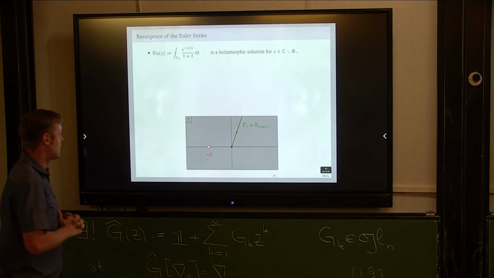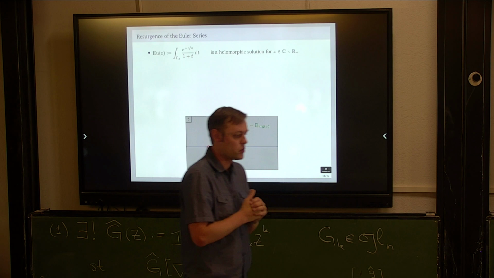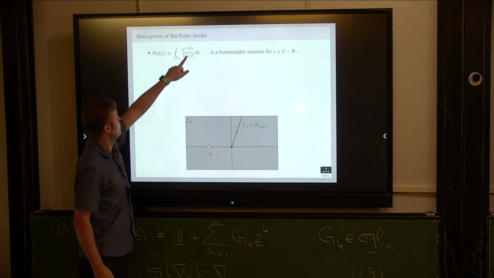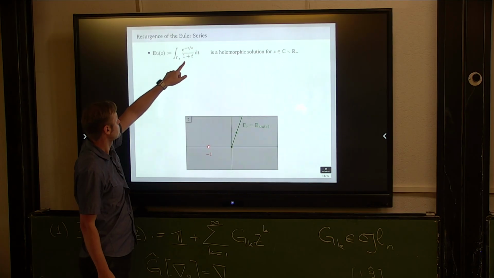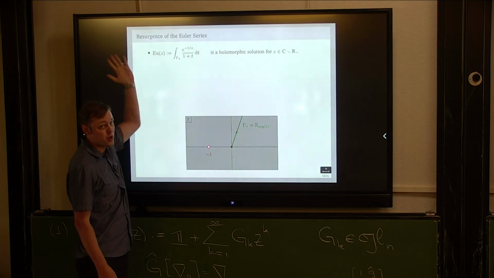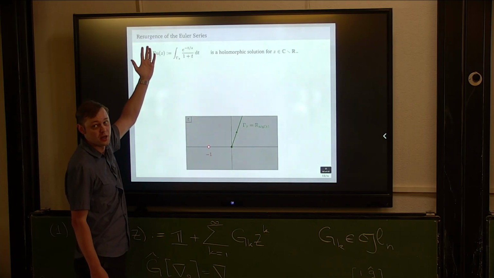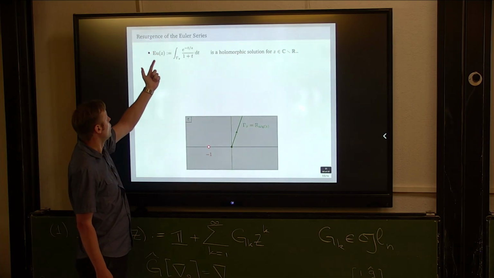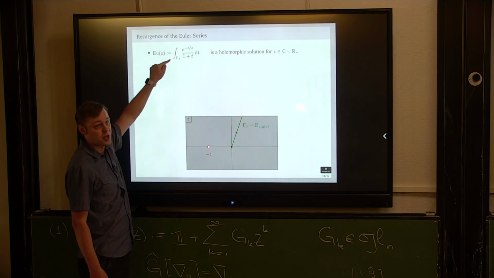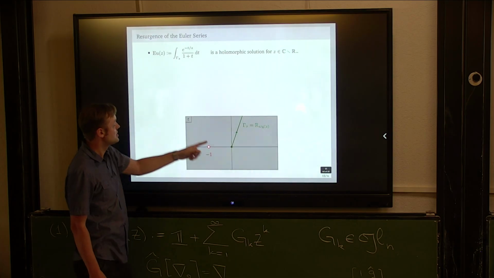Okay, so now let's apply this to our Euler integral. This is the same formula with x replaced by z. The way I'm going to define the complex version of this Euler integral is that I'm going to alter the domain of integration. I'm calling it gamma z.